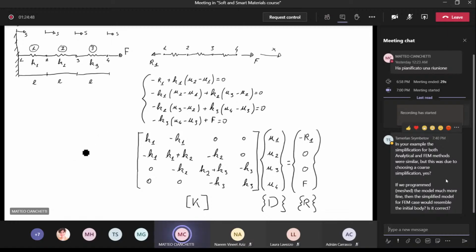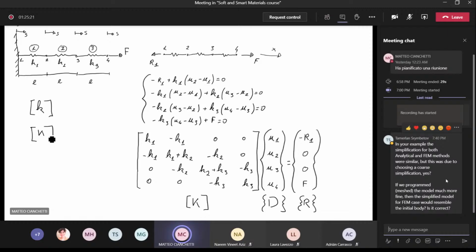So the difference is between k and K. The first one is the element stiffness matrix. The second one is the global stiffness matrix. So k is considering all the stiffnesses related to the degrees of freedom of the nodes related to that element, but only one element.